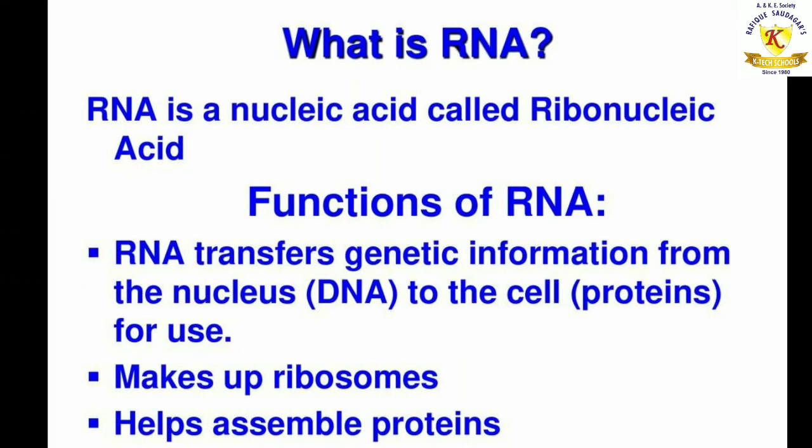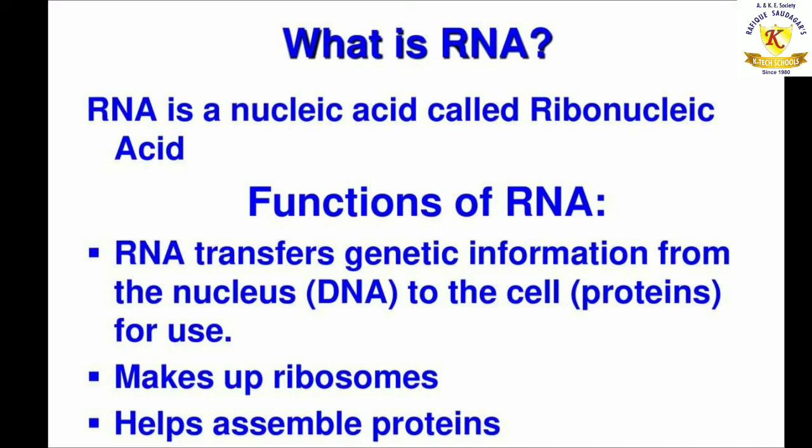Now, what is RNA? RNA is a nucleic acid called ribonucleic acid. Its function is to transfer genetic information from the nucleus, that is DNA, to the cell, that is proteins, for use. It makes up the ribosomes and it also helps assemble protein. Are you getting me, children?